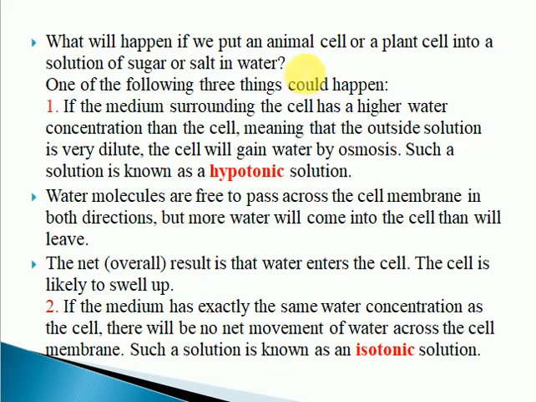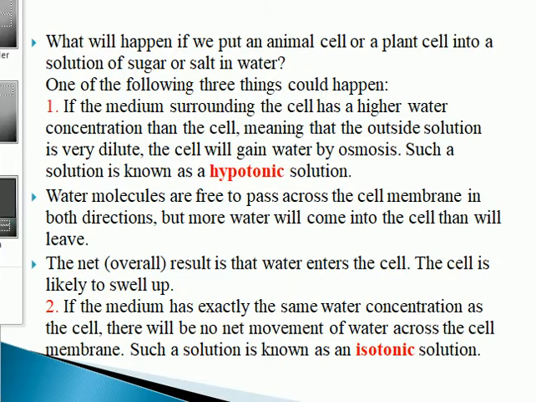What will happen if we put an animal cell or a plant cell into a solution of sugar or salt and water? See, before proceeding further, I'll explain to you the difference between hypertonic, hypotonic and isotonic solutions. You listen to it very carefully.